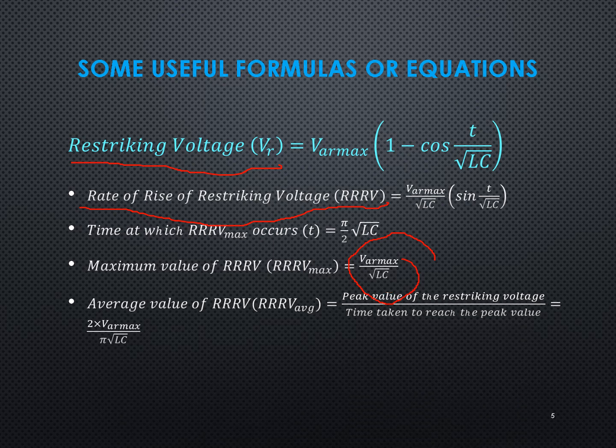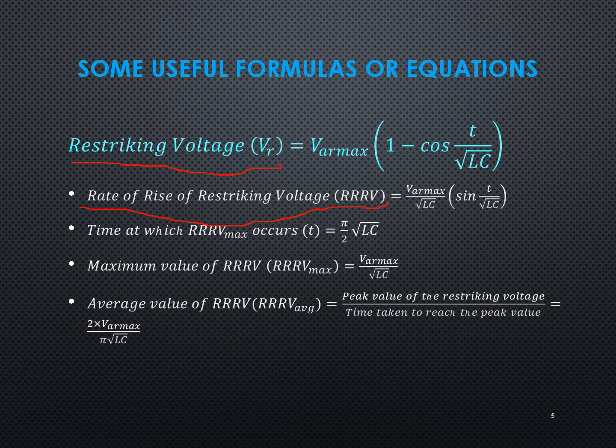Now another thing, this is the average value of the rate of rise of restriking voltage. Frequently in some problems they want to know the average value of the rate of rise of restriking voltage.